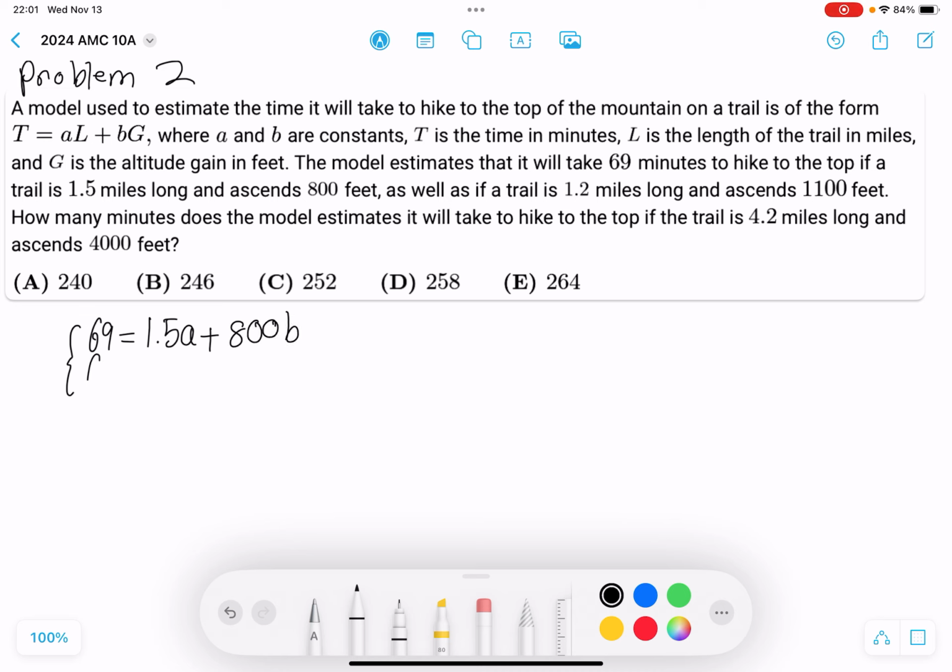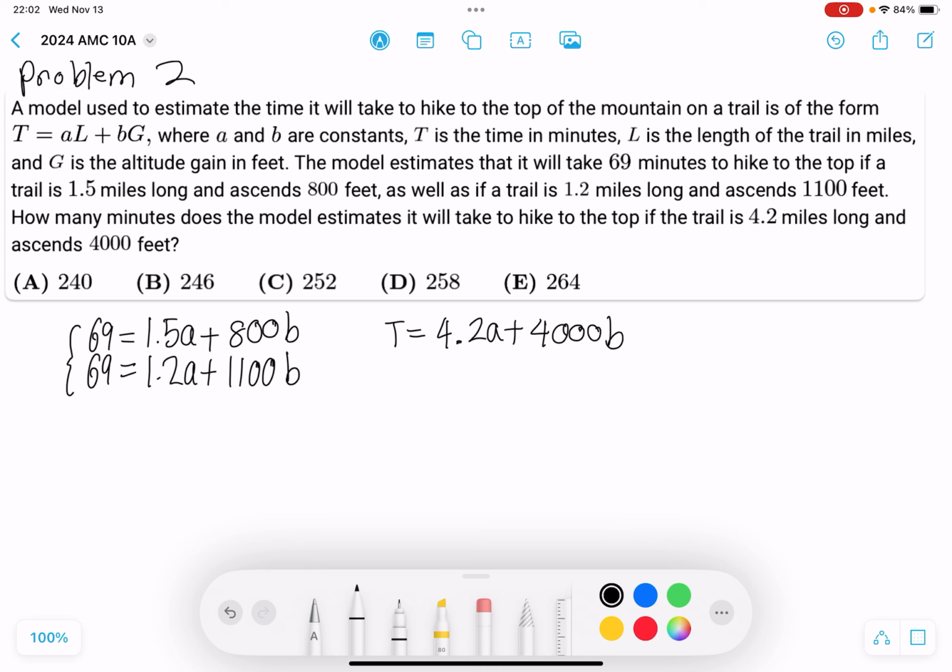And then another trail which also takes 69 minutes is 1.2 miles long, and it ascends 1,100 feet. So we want T when L is 4.2 and G is 4,000.